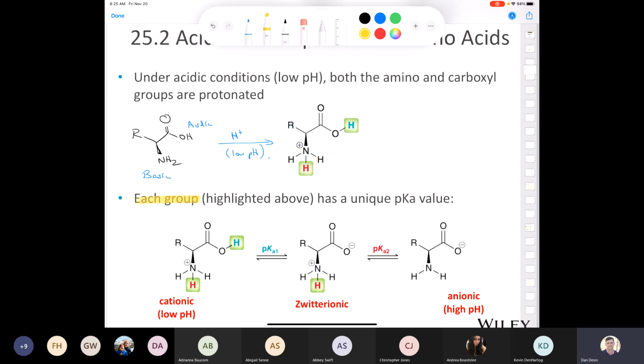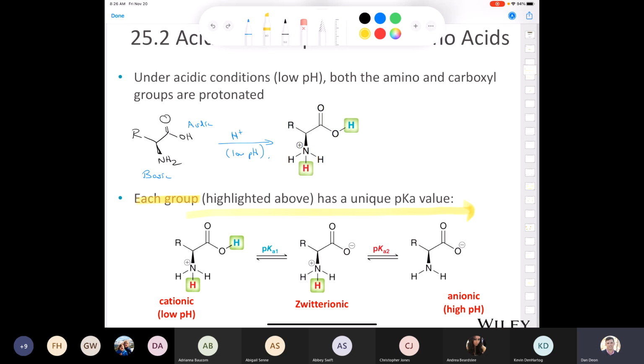If you increase the basicity of the environment that the cationic amino acid is in, as you start to increase the pH, the first proton that's going to get removed is the one from the carboxylic acid. That tells you that it's got a lower pKa. It's a stronger acid. The second one that's going to be removed is the one from the ammonium portion, or the protonated amine, which tells you that it has a higher pKa.